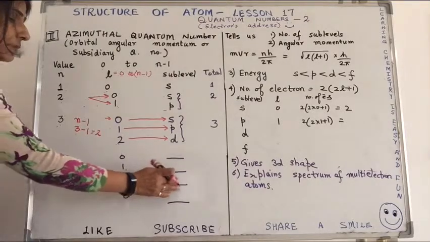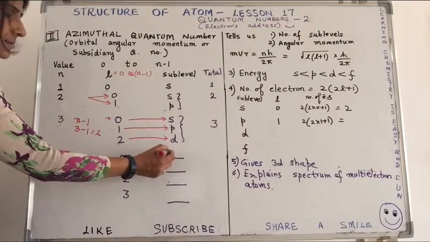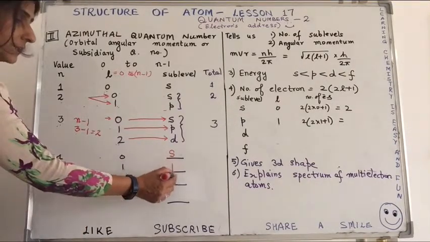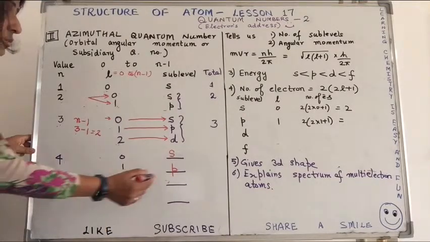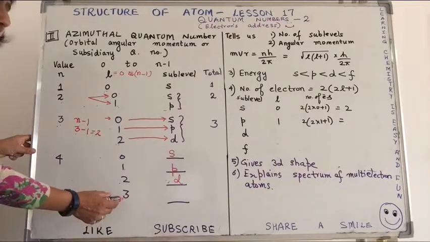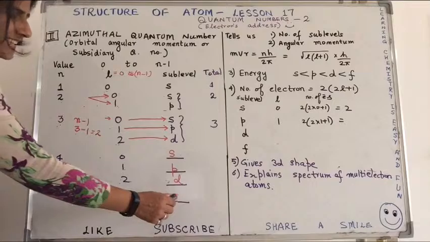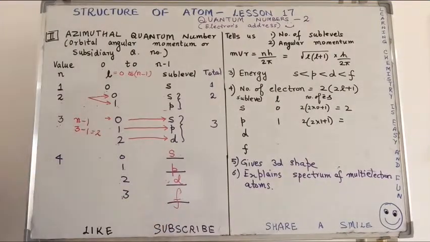So what do we have over here? When L is 0, what sublevel is this? S. When L is 1, what sublevel? P. Correct. When L is 2, sublevel? D. When L is 3, can you make a guess what's the next alphabet I'm going to write? Yes, it's F. We've done the orbital concept in the previous lesson.